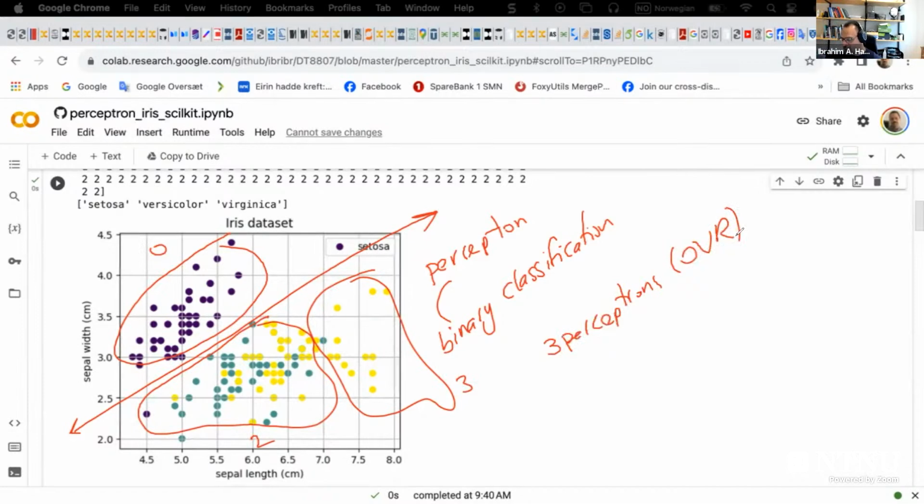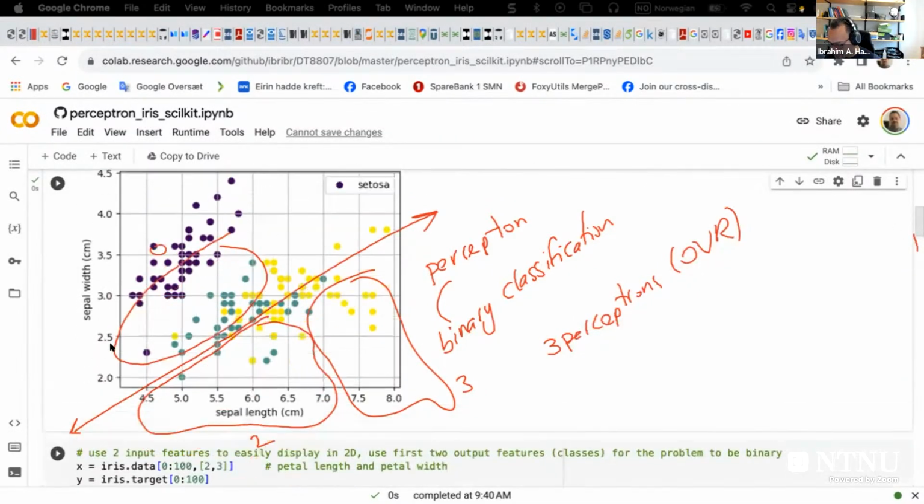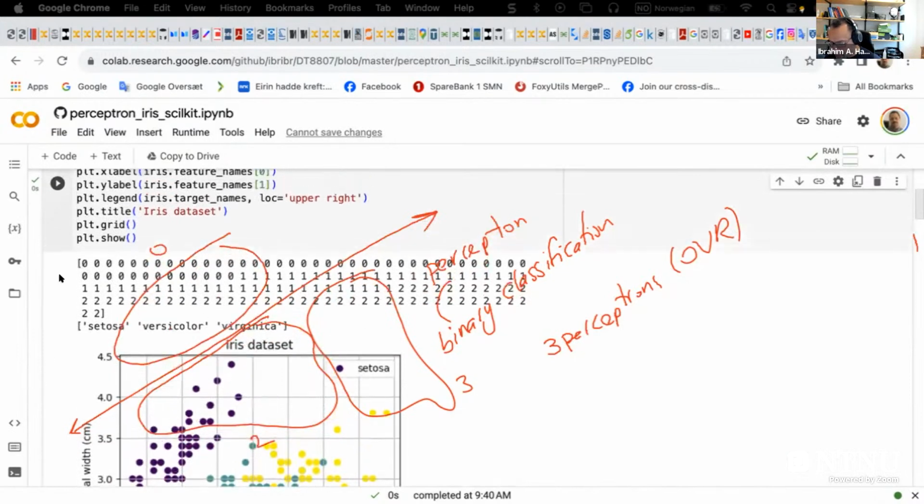But if you want to use only one perceptron, we need to make this problem simpler. We need to just select two classes, so the problem is a binary classification problem.